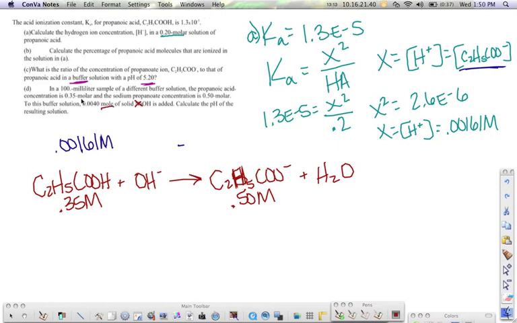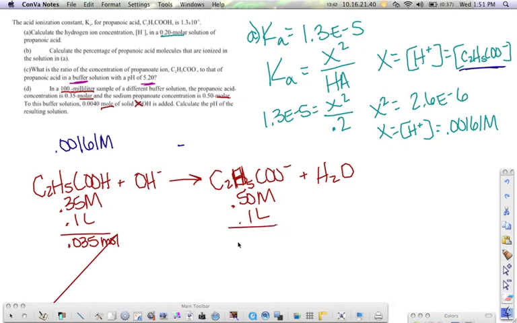These are in molar. This is in moles. So we're going to have to get everything into moles to be able to deal with this. Well, we have 0.1 liters. 100 milliliters is equal to 0.1 liters. So I got 0.1 liters here, 0.1 liters here. So this works out to 0.035 moles.